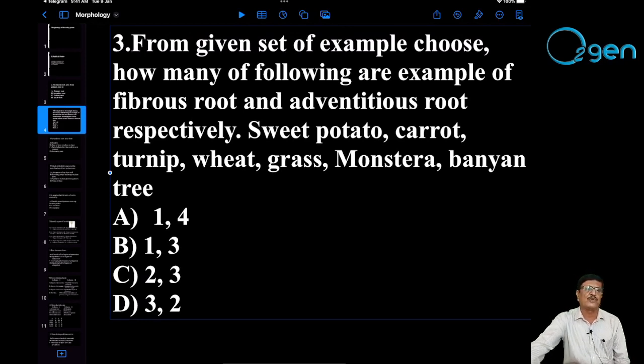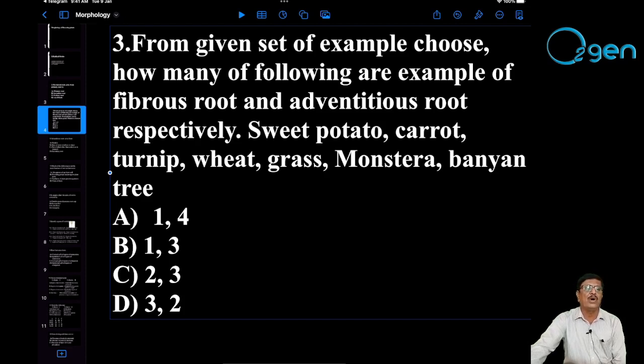In the synopsis you have studied, fibrous root systems are seen in the monocotyledons. Those are developed from the base of the stem, and the adventitious roots are developed from any part of the plant other than the radicle. Here the fibrous root systems are in wheat and grass.